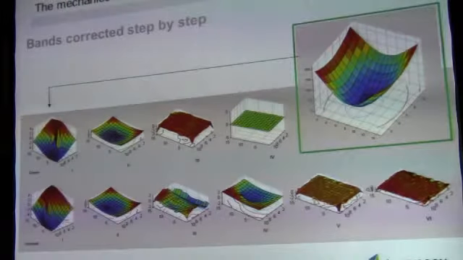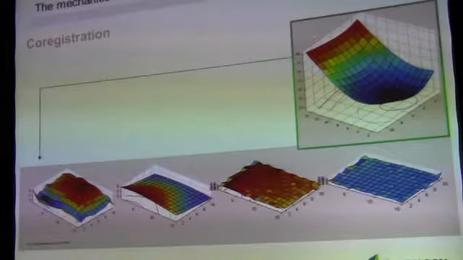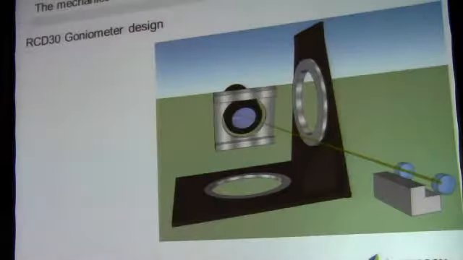Going downstream, we now have to do a whole range of different calibrations. We've got to bring these bands together, correct them step by step, and then co-register them. In fact, our whole calibration lab has changed. We've developed a completely new goniometer that automatically calibrates this kind of camera. It's a simple step to bring RGB and false color and infrared together.